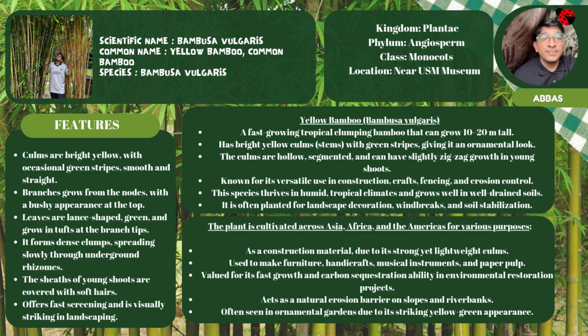Because of its rapid growth, it is also a great plant for carbon absorption and environmental restoration projects. Whether for ornamental value, practical uses or environmental benefits, Bambusa vulgaris is truly an amazing plant. Thank you for listening. I hope you have learned something new about this fascinating species.